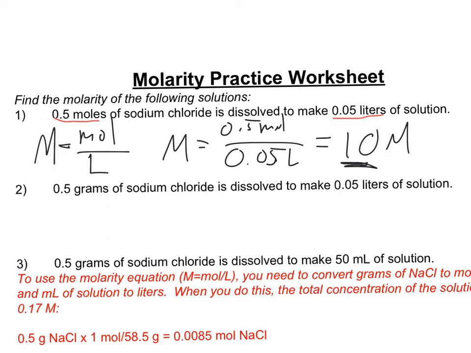Second one, slightly different question, 0.5 grams of sodium chloride in 0.05 liters. So the volume, the liters, is the same, but instead of giving us moles, they gave us grams.